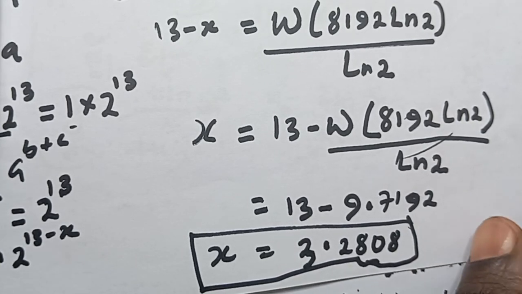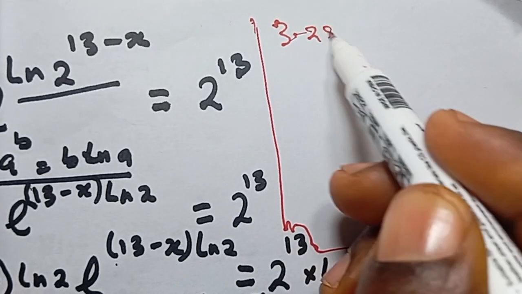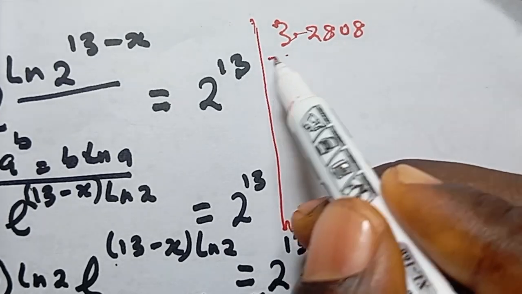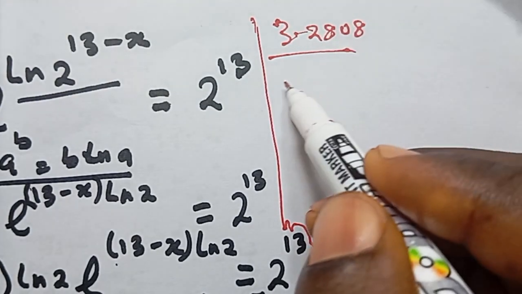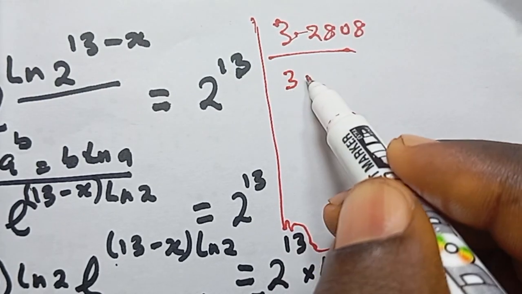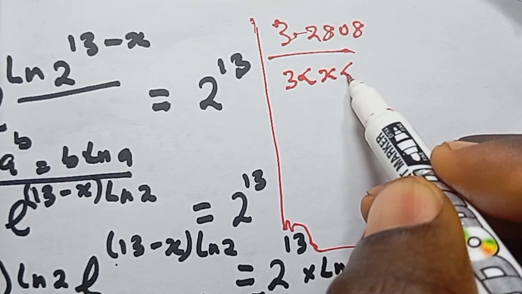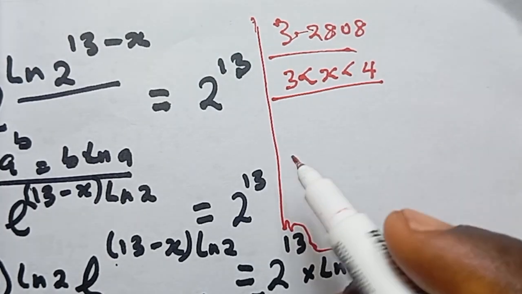So what we do is go ahead and confirm whether 3.2808 satisfies the problem we just saw. But first, even by inspection, you can see that it can be the answer because we saw that the value of x is going to lie between 3 and 4. So it satisfies this condition.